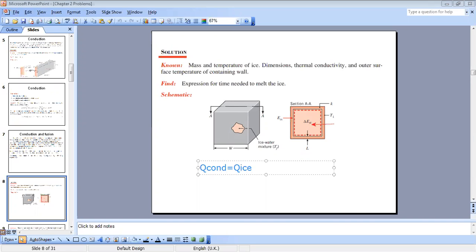So what is needed is to find the time needed to melt the ice. How much time do I need to melt this mass of ice? So let us write the expression of Q conduction and Q ice and decide on the time needed to melt my ice into water.